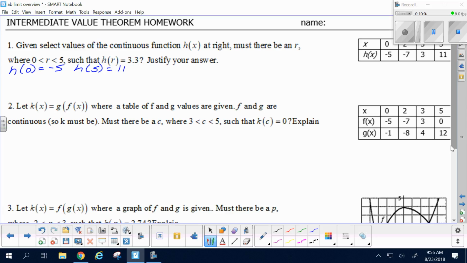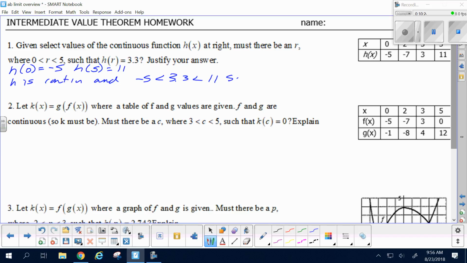Yes. It does. And so the wording would be something like this. h is continuous, and 3.3 is between -5 and 11, or you could also call them h at 0 and h at 5 if you like.